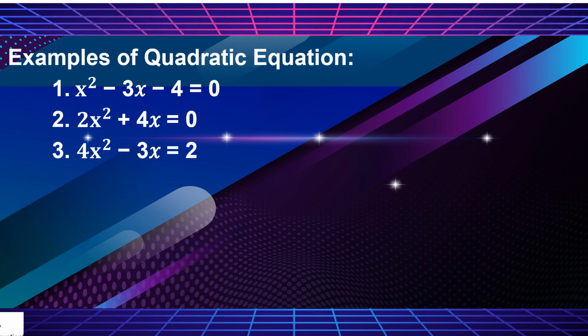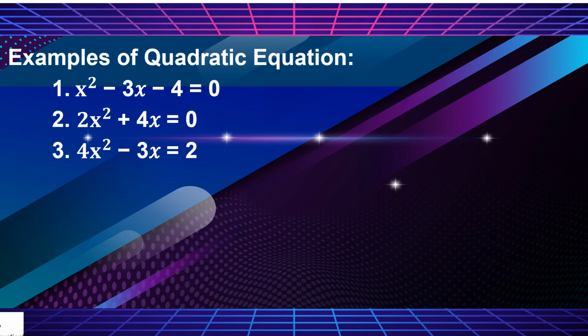Here are the examples of quadratic equation. Number 1, x squared minus 3x minus 4 equals 0. Number 2, 2x squared plus 4x equals 0. And number 3, 4x squared minus 3x equals 2.